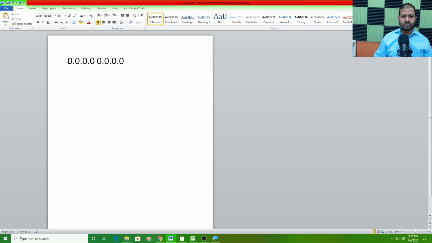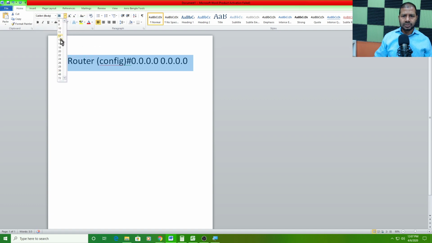That's going to be your default route. You're going to be writing it in global config mode, say on R1, or router config. You're in this mode, and you're going to write down here, it's going to spill to the next line.